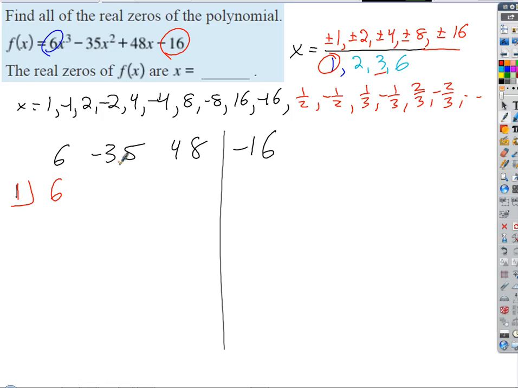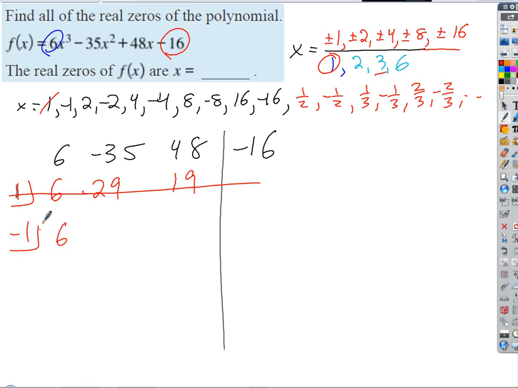What's 6 plus negative 35? Negative 29. So 1 times negative 29 is negative 29 plus 48 is what? 19. So it's not going to work, is it? 1 didn't work. If I do 1 times 19, I get 19 plus negative 16. That's not a 0. So we'll cross 1 off. Didn't work.